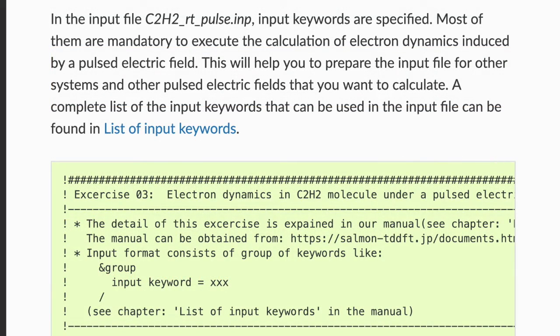Let us examine the content of the input file c2h2_rt_pulse.inp. Most of the content is identical to that of the input file used to calculate the ground state. Here, we consider only the differences.